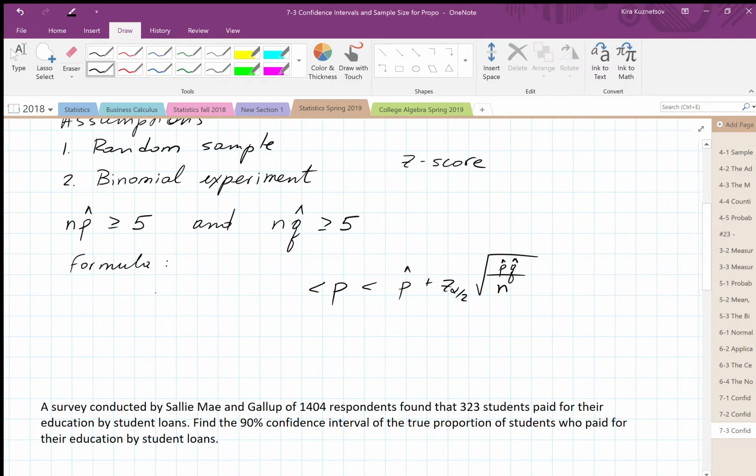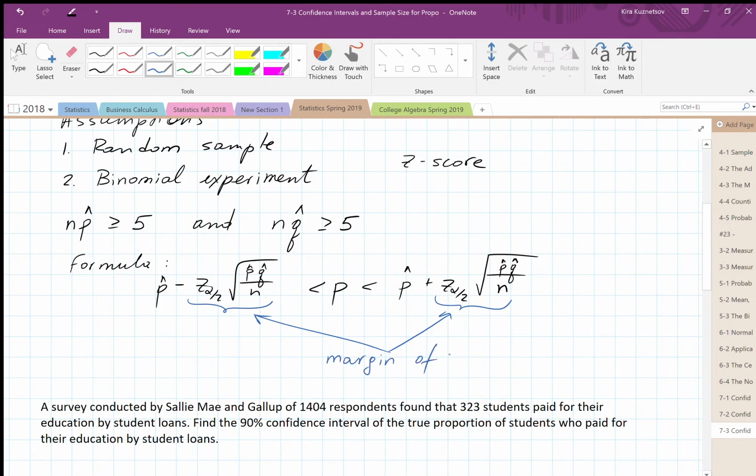On the other side, you're going to have exactly the same thing, but with the minus sign. Vocabulary: this is now called margin of error, and this is called point estimate.